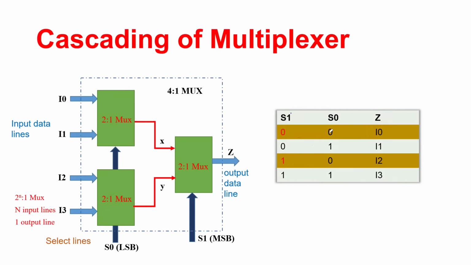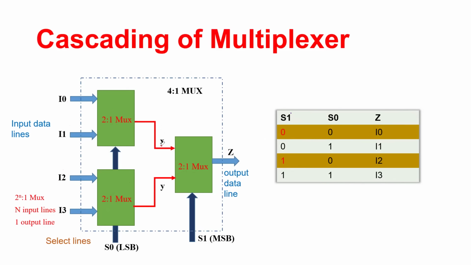So let us understand when S0 is equal to 0. There are two cases here, indicated by the shaded rows. When S0 is 0, I0 from the first MUX and I2 from the second MUX should be available at X and Y respectively.